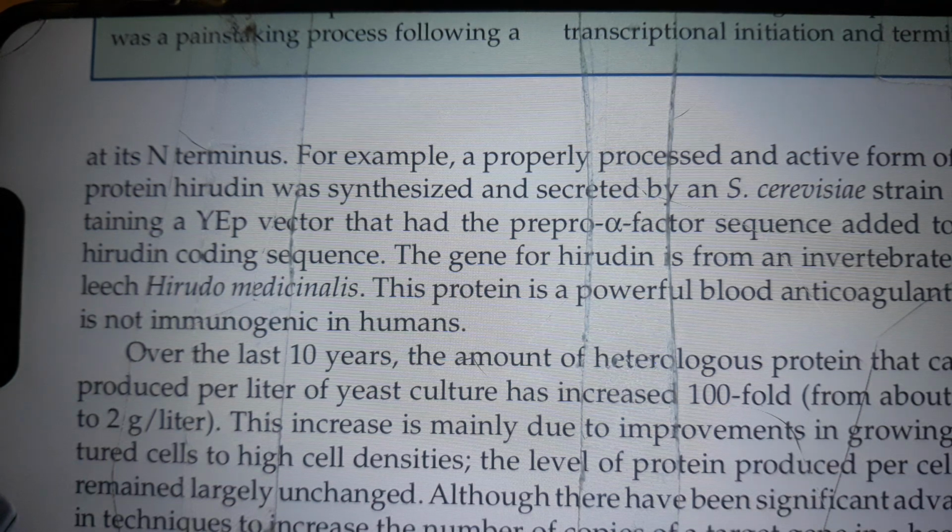The gene for hirudin is from an invertebrate, the leech Hirudo medicinalis. This protein is a powerful blood anticoagulant that is not immunogenic in humans.